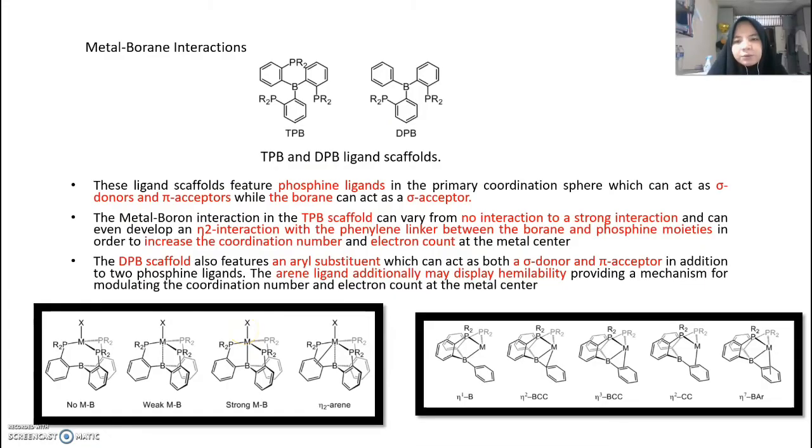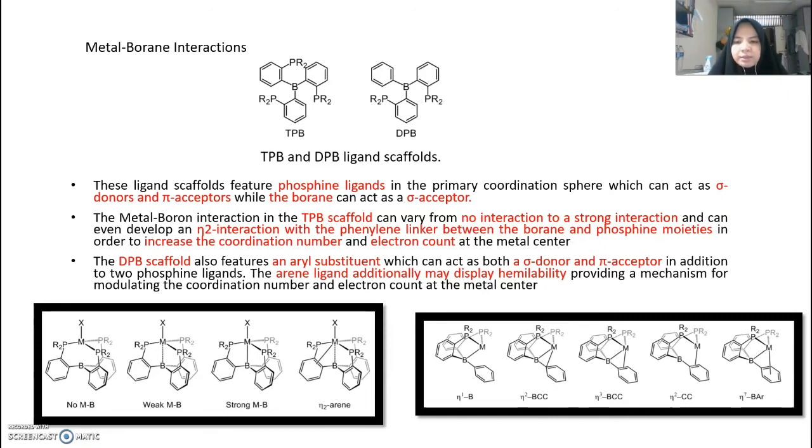Continue with reactivity of metalloboranes. Based on the previous study by Nesbitt, the TPB and DPB ligand scaffolds were introduced. These ligands have a phosphine that acts as a sigma donor and pi acceptor, while the boron acts as a sigma acceptor.